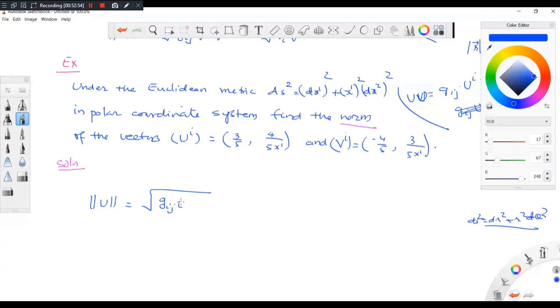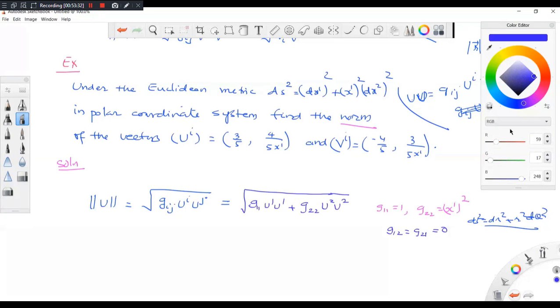And I have g11 equal to 1, g22 equal to x1 square. So this will be the square root of g11 u1 u1 plus g22 u2 u2, because you know the other components are 0: g12 equal to g21, all 0.